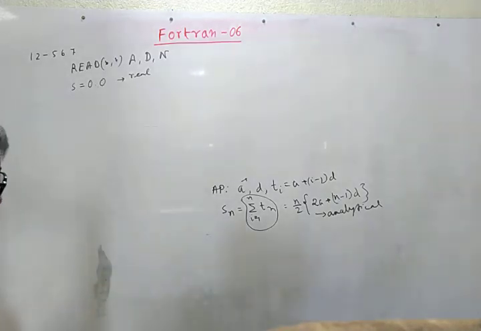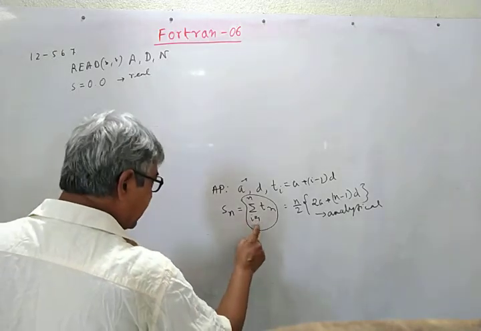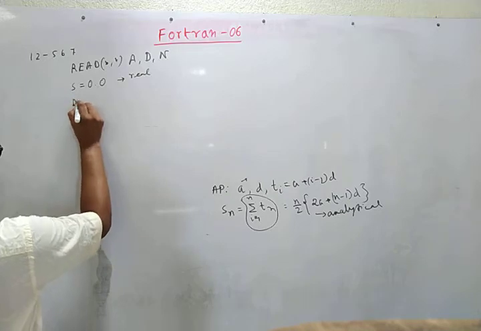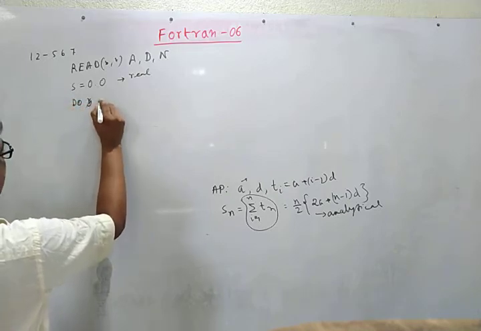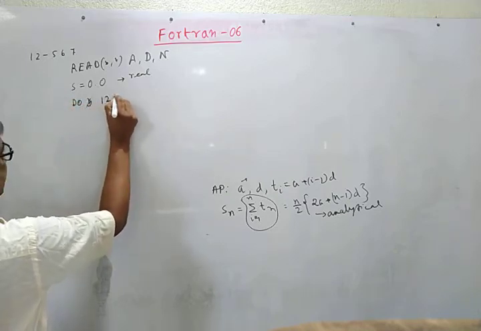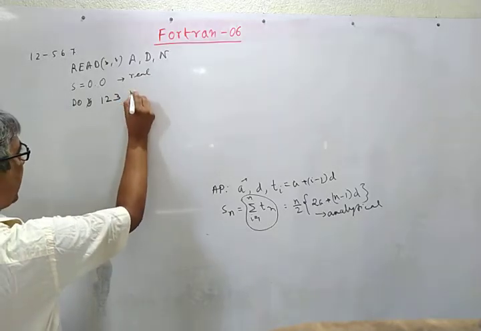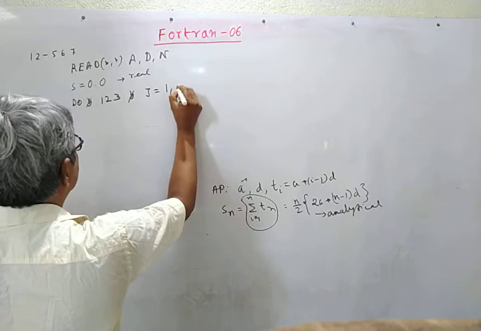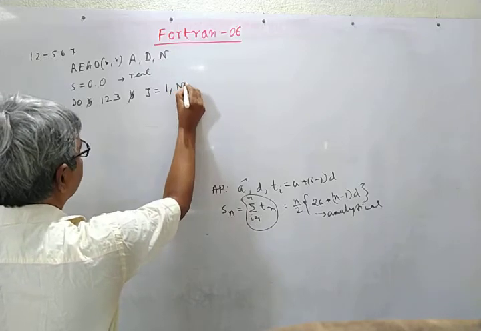Then we do a do loop. So do, blank, 1 2 3, this is the statement number, blank, j = 1, comma n.